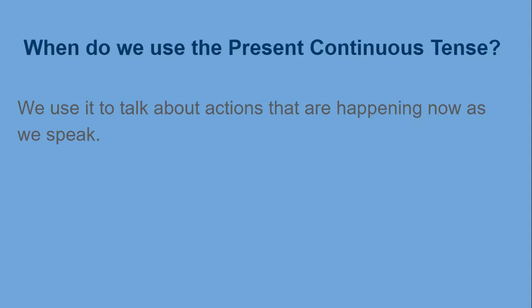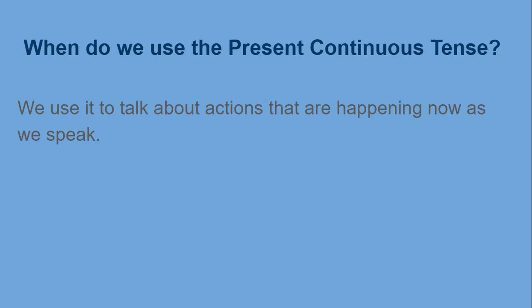Now, if I say I wake up at 6 a.m. every day, right? This is the simple present tense. I am not waking up now, but I am just meaning that this is the action that I do on a regular basis as part of my routine, as part of my habit, as part of my life.